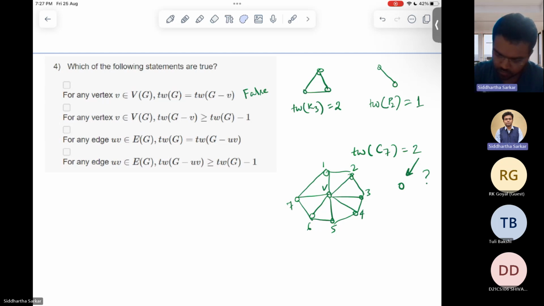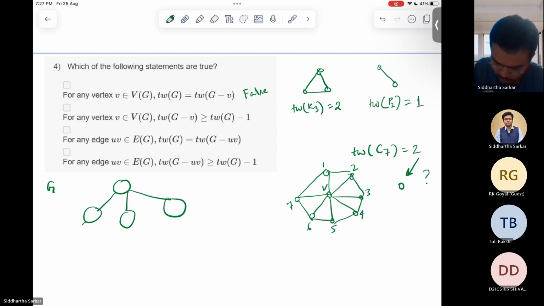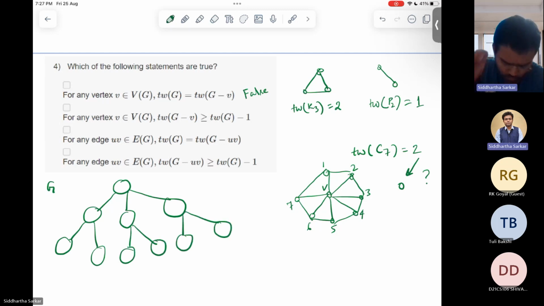You have this initial graph, whatever that graph is, and you know that there is a tree decomposition of that graph. So there are bags, and these bags are connected with edges such that the two conditions of tree decomposition are satisfied. Now you have dropped one vertex from this graph, so now you have minus one vertex.